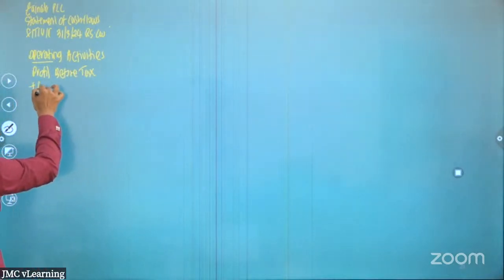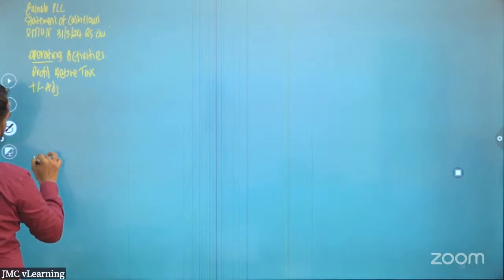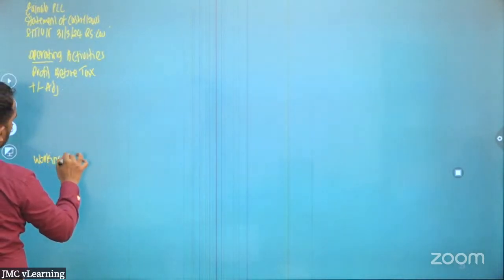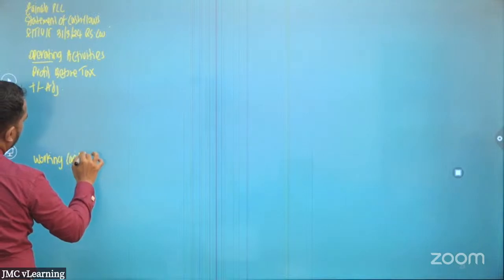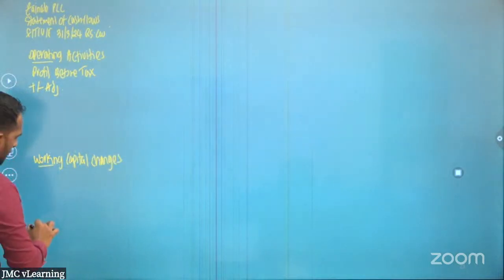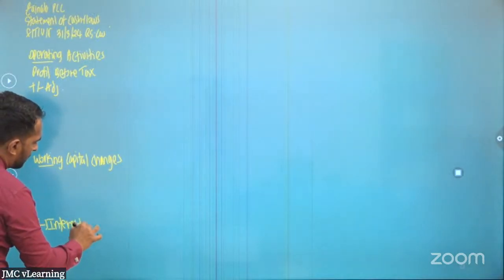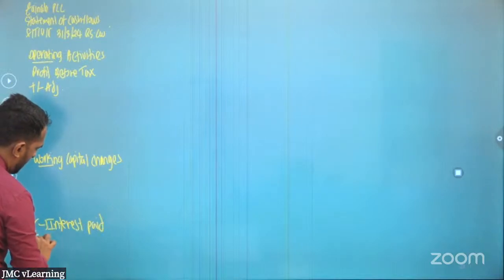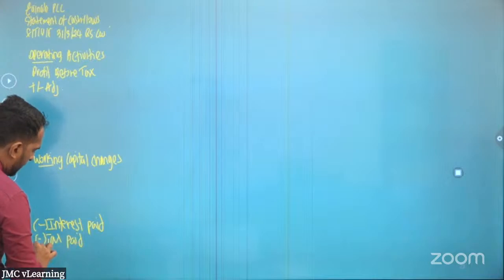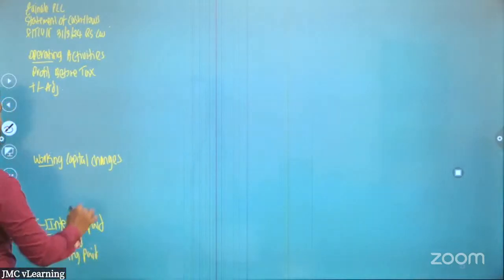Then you do the plus and minus adjustments, keep some space. Then you do the working capital changes. Then you deduct the interest paid and tax paid. If there's any gratuity paid, you have to deduct.